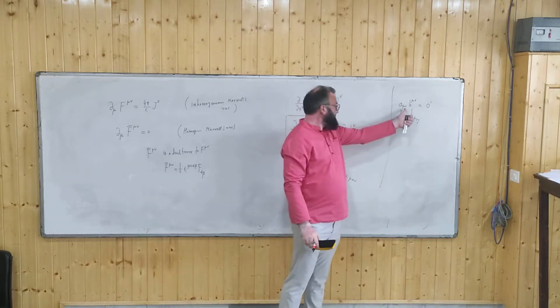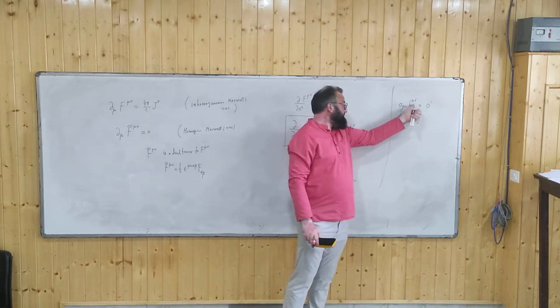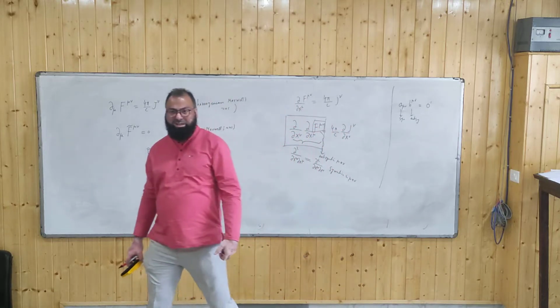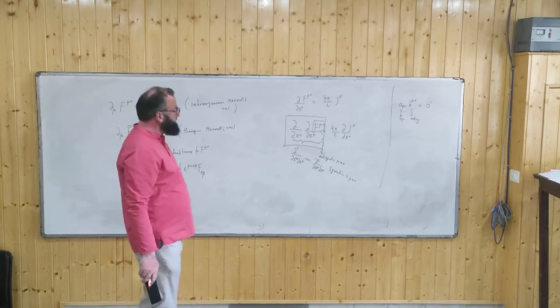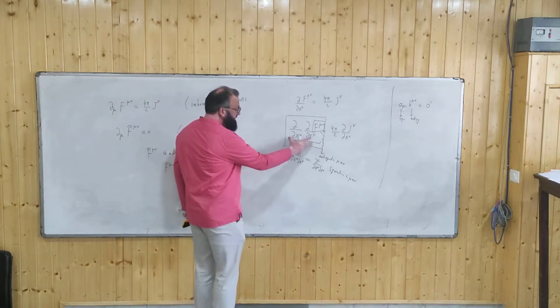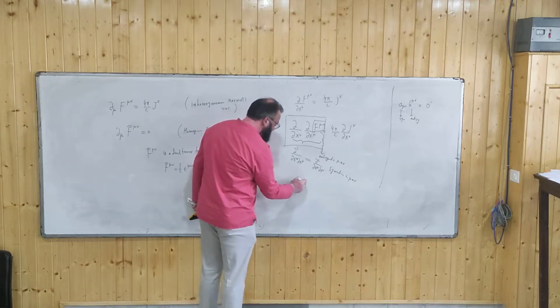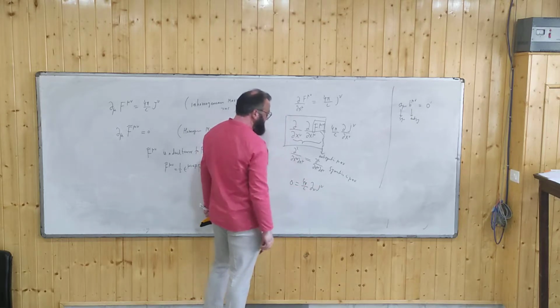If you have a quantity which is symmetric in some indices, and take an inner product with another quantity which is antisymmetric in the same indices, then this product is 0. This we have done explicitly. So it means the left hand side is equal to 0. It is equal to 4 pi by c, partial nu J nu.